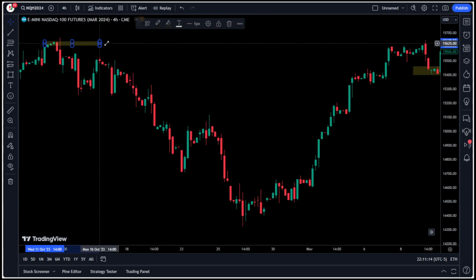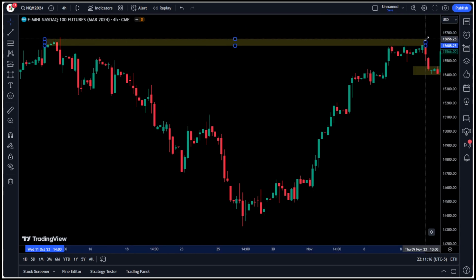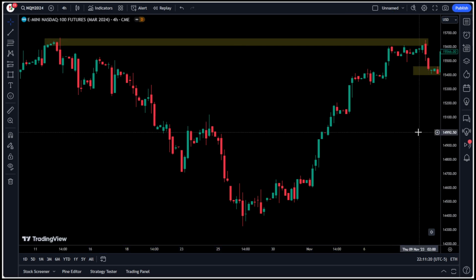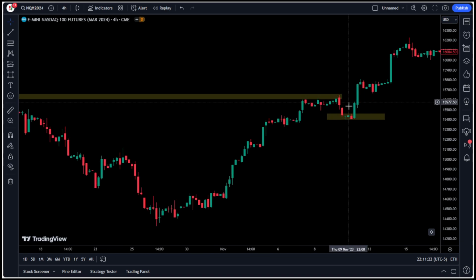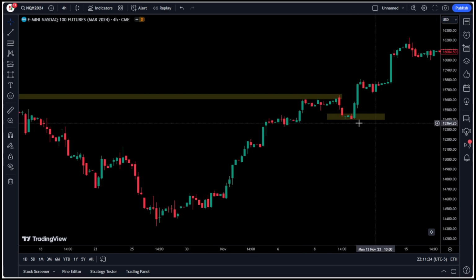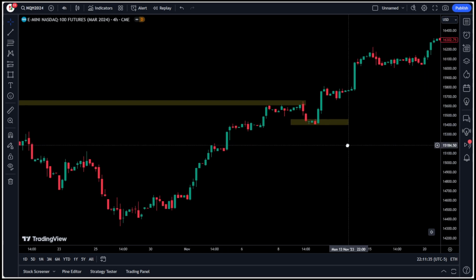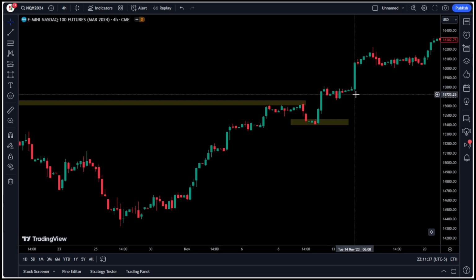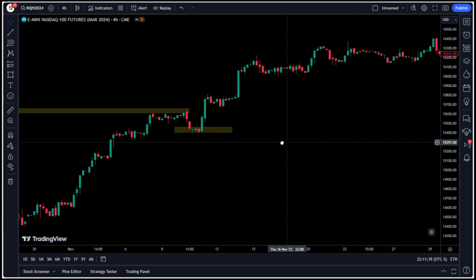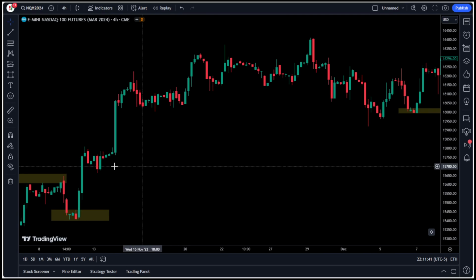If you see, price again tested this block, moved back, printed here a bullish order block, accumulated and started to change its direction.